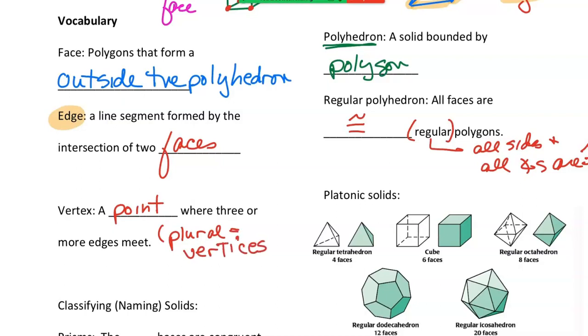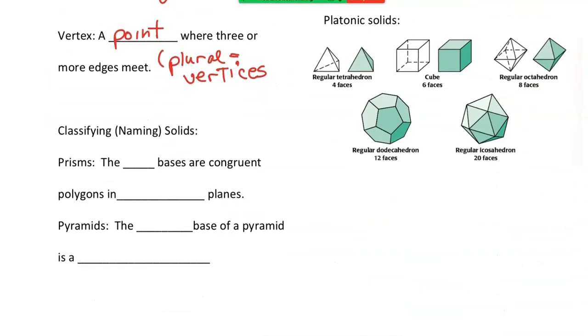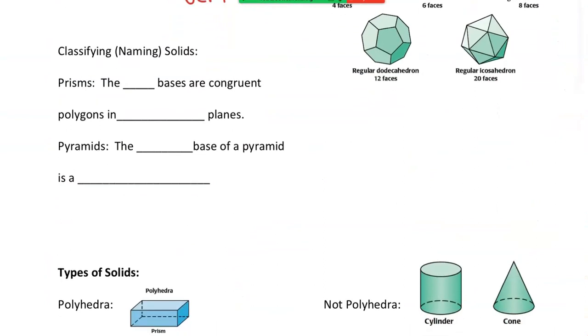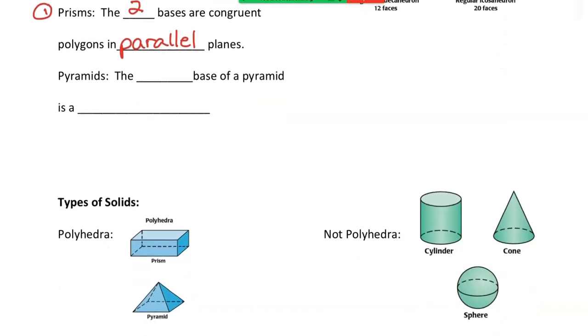Okay? All right. We're going to talk about classifying these polyhedron shapes, and there are two ways to classify them. One classification, the first one, is prisms. When you have a prism, the two bases are congruent polygons in parallel planes. Well, that sounds pretty confusing, so let's go down here.